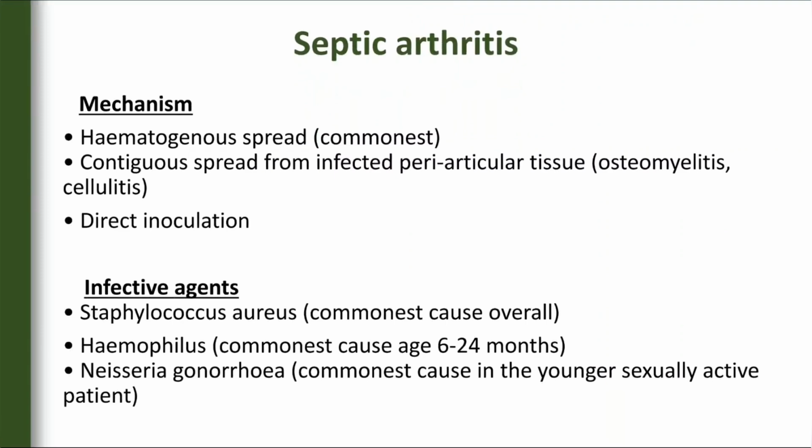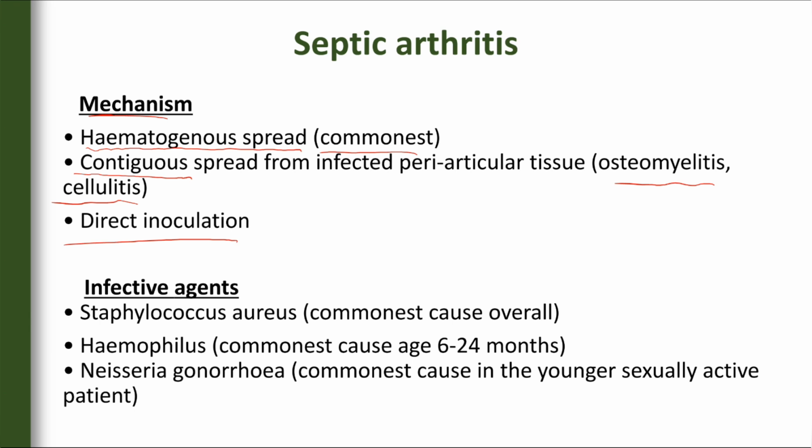Coming to septic arthritis. Usually the mechanism of getting the infection is by hematogenous spread, which is the most common one. Contiguous spread from infected periarticular tissue like osteomyelitis or cellulitis, and also sometimes direct inoculation when they do an operation or during a penetrating injury.